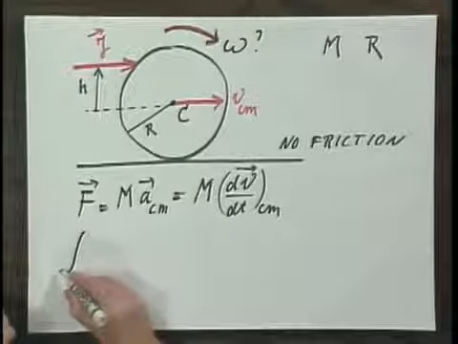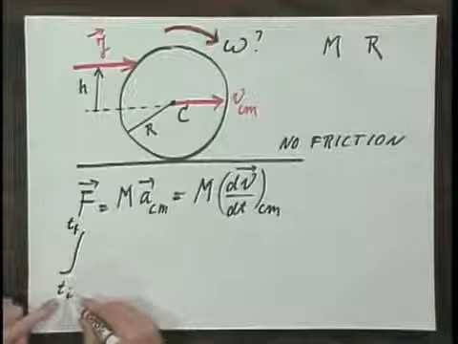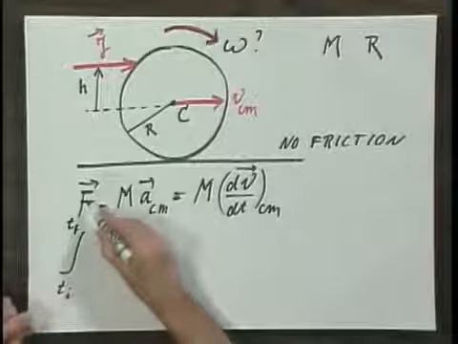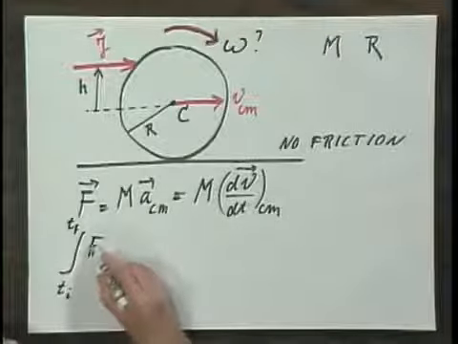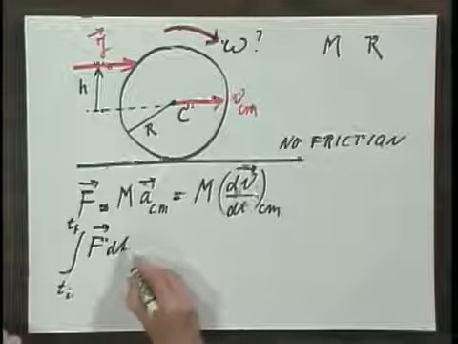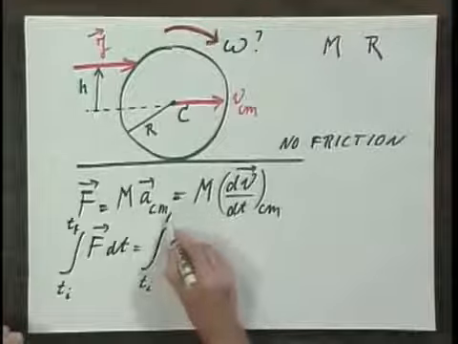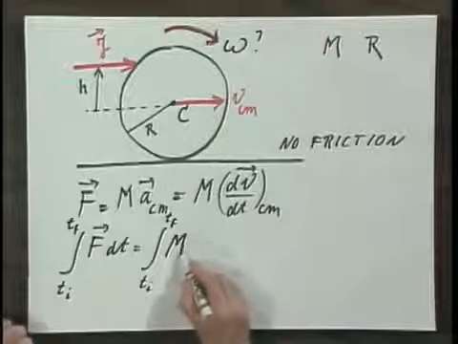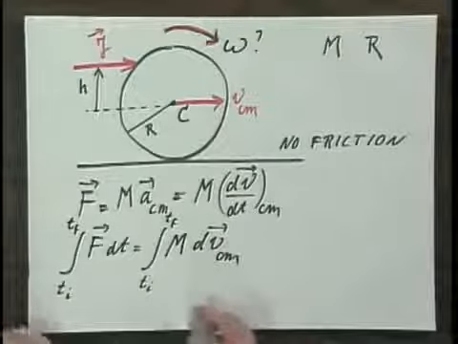So what do I get? I get the integral from an initial time to a final time, the time interval that the force lasts. The force doesn't have to be constant in time. The integral of F dt equals the integral over that same time interval, t initial to t final, of m times dv center of mass.